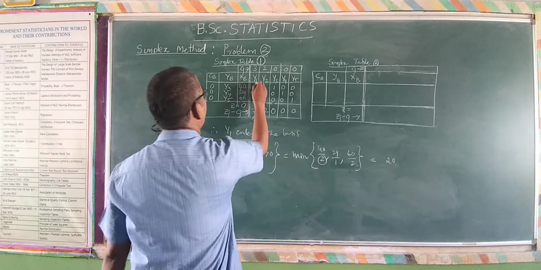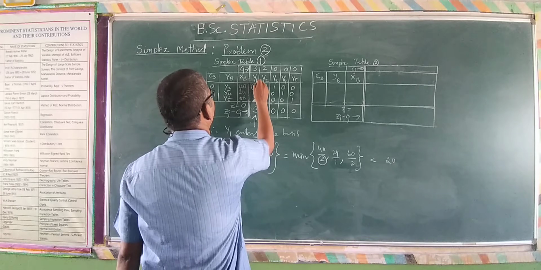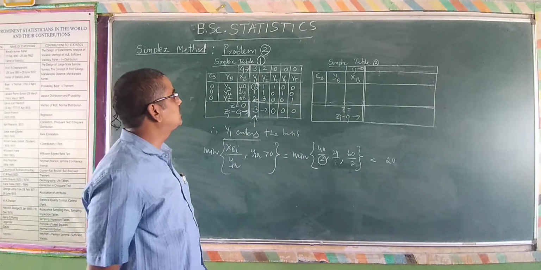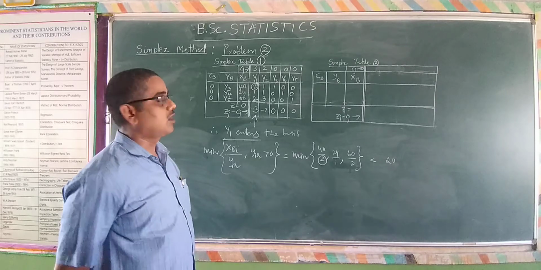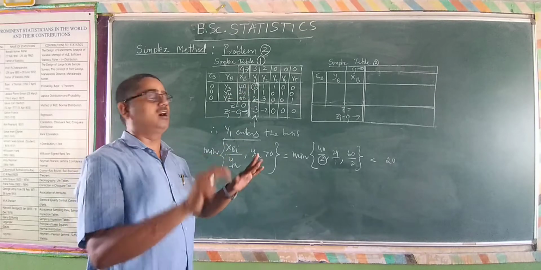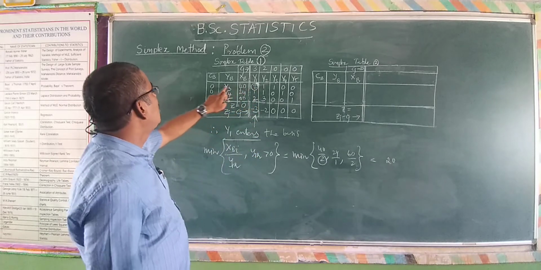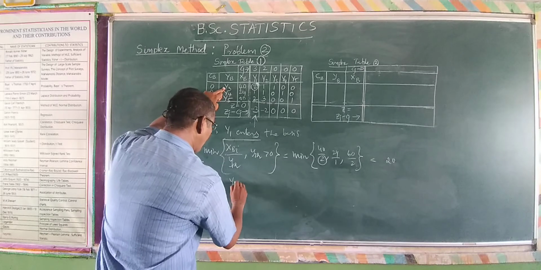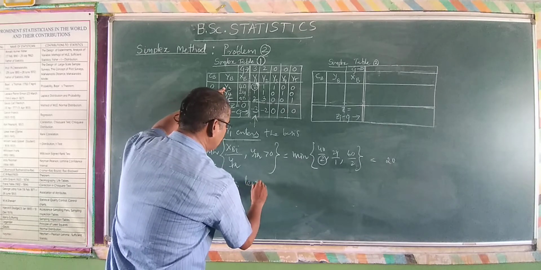You mark the 2 in this particular simplex table 1. I am putting a star round the value, so that the 2 is the pivotal element. Before that, corresponding to 2, which vector do you have? y3. Therefore, y3 leaves the basis.